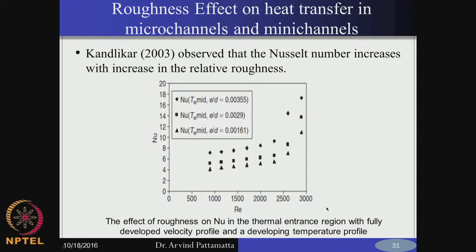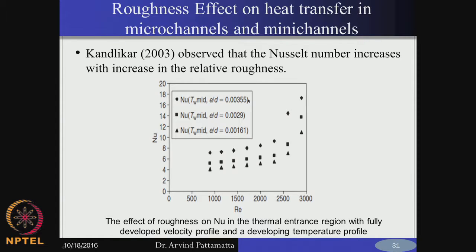Coming to the effect of roughness, although it has not been properly correlated in textbooks, some experiments have been conducted to understand the relative roughness effects. You have three different roughnesses, for example epsilon by d varying from 0.001 to 0.003, and you plot the Nusselt number.